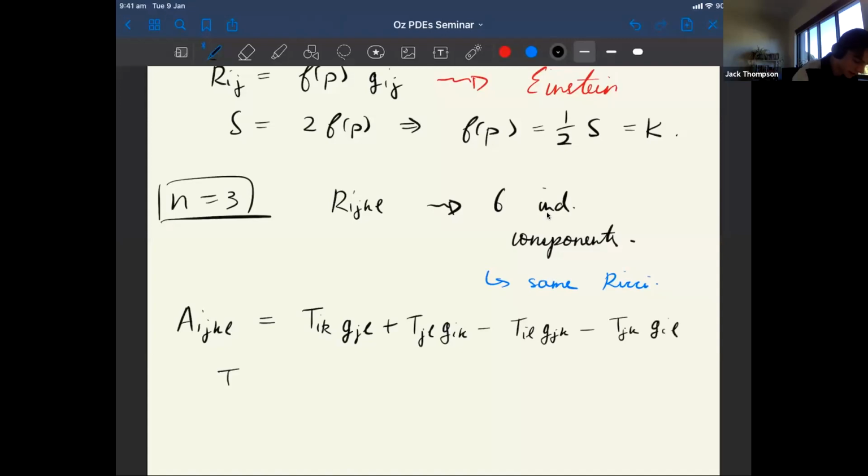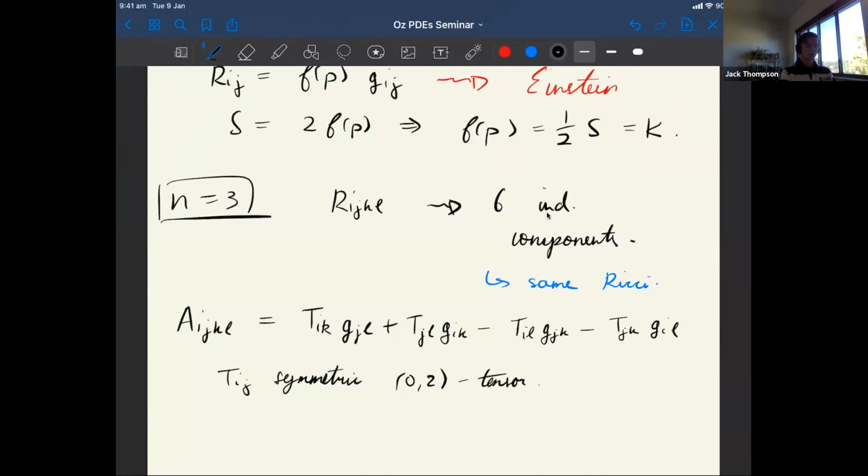Now T here is a symmetric (0,2) tensor. So you can check that this has the same symmetries of the Riemannian curvature.